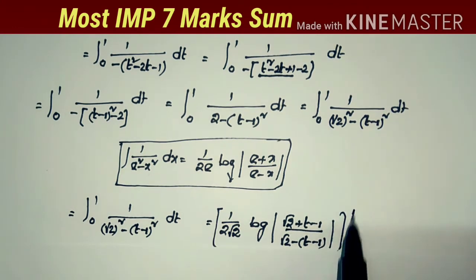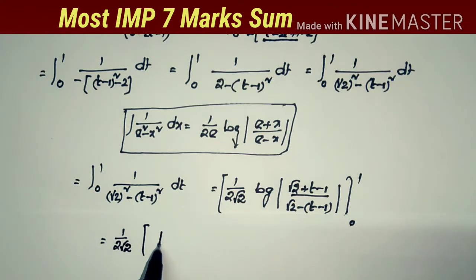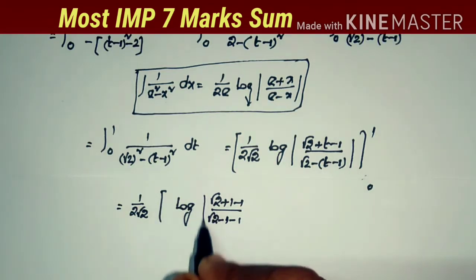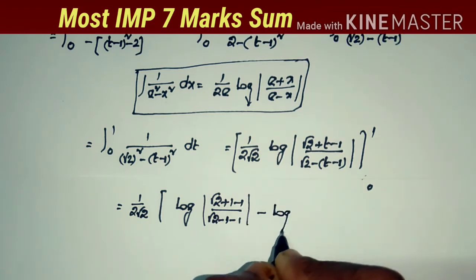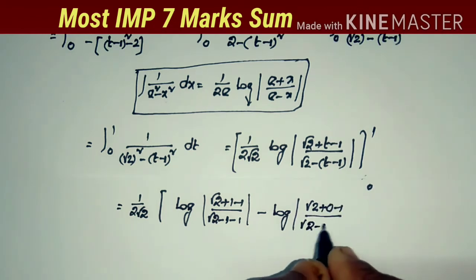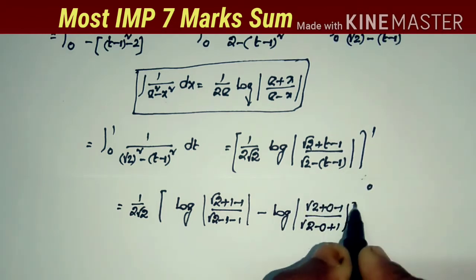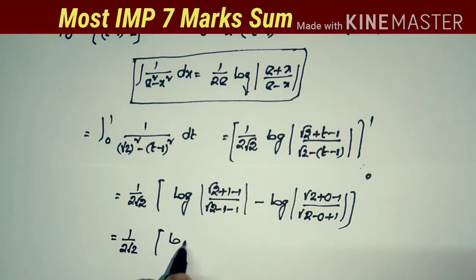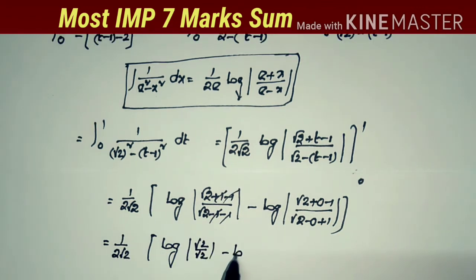So this equals 1 by root 2 into, first taking t equals 1, log of (root 2 plus 1 minus 1) by (root 2 minus 1 plus 1), minus, for t equals 0, log of (root 2 plus 0 minus 1) by (root 2 minus 0 plus 1). And this equals 1 by 2 root 2 [log of root 2 by root 2, which is log 1, minus log of (root 2 minus 1) by (root 2 plus 1)].